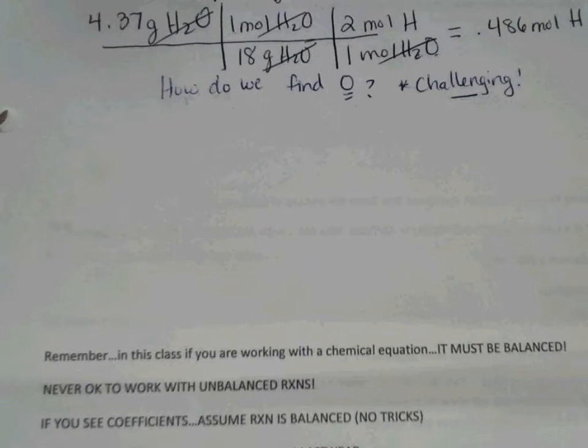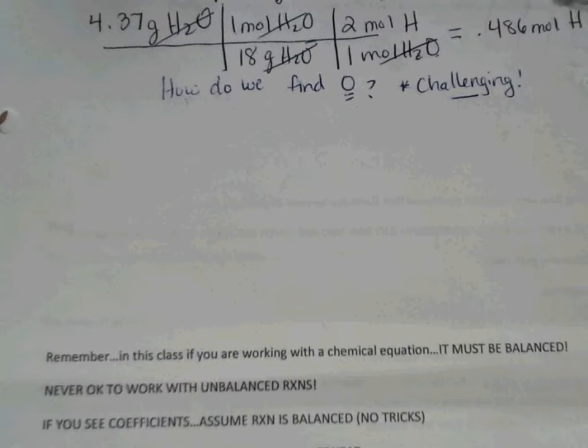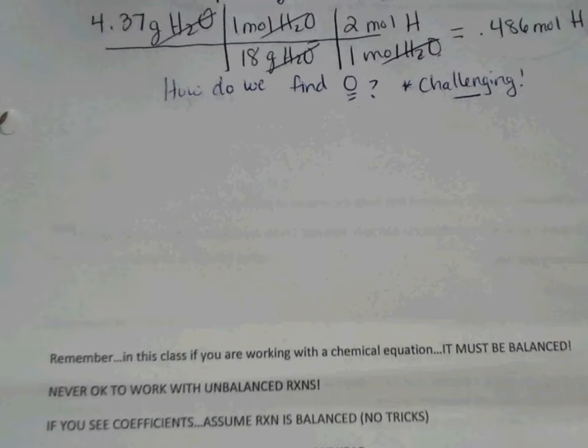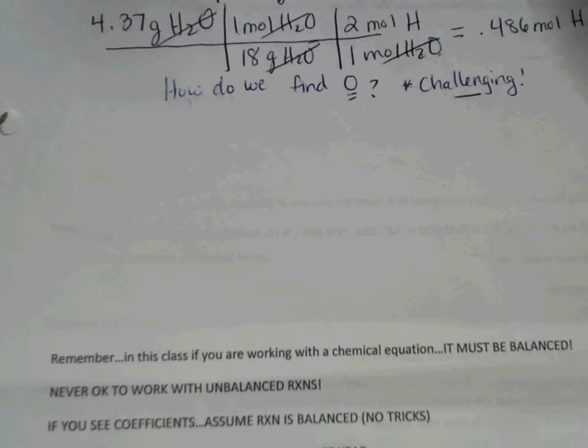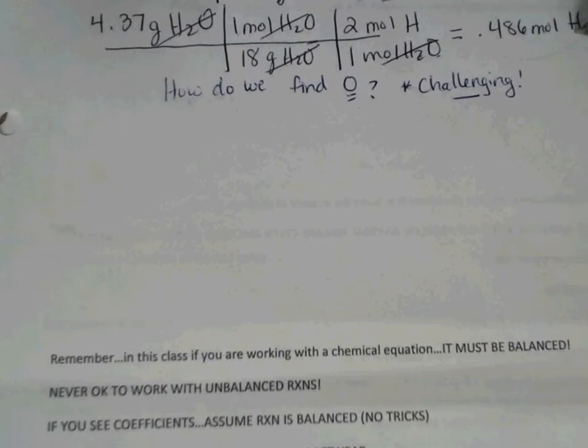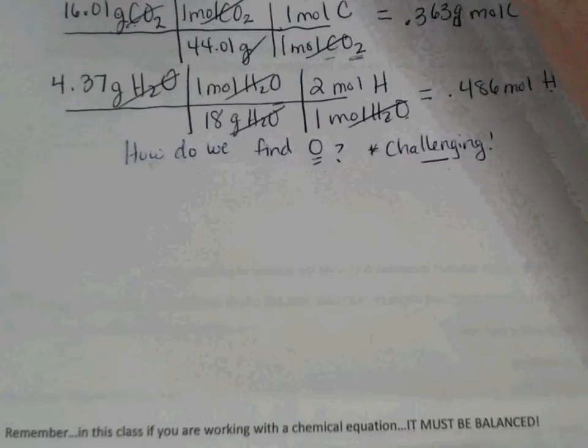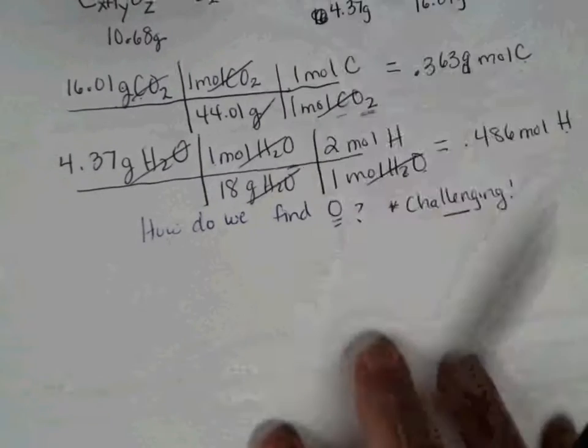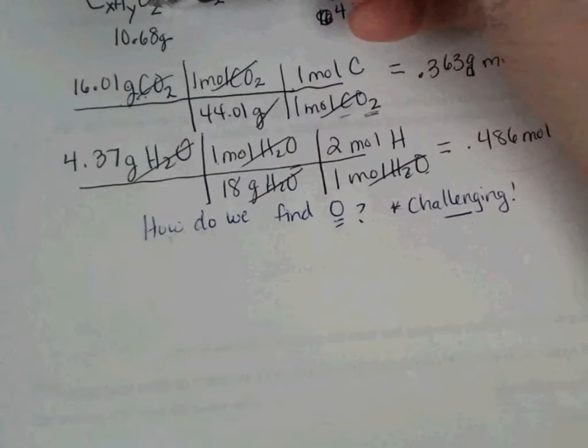Because we know about percent composition and how a compound is put together, can I find grams of hydrogen from this information right here? Can I find grams of carbon from this information? And if I know grams of carbon and grams of hydrogen in that molecule, CxHyOz, then I can figure out this one, can't I?